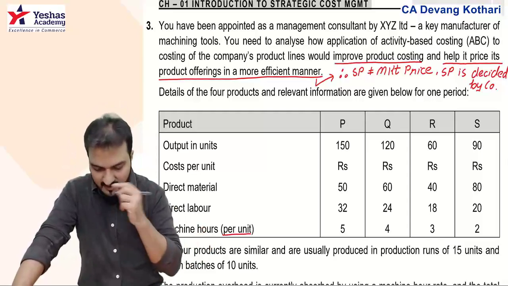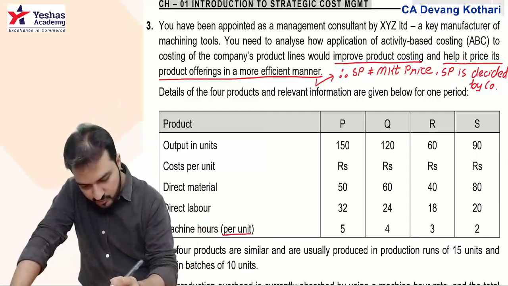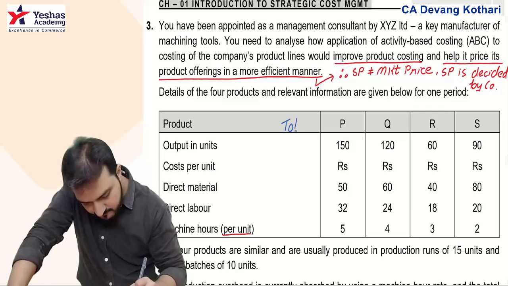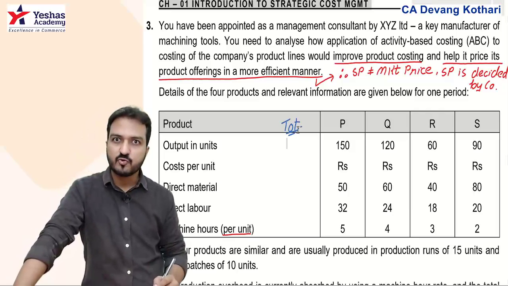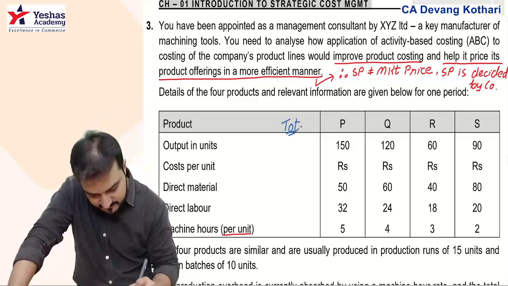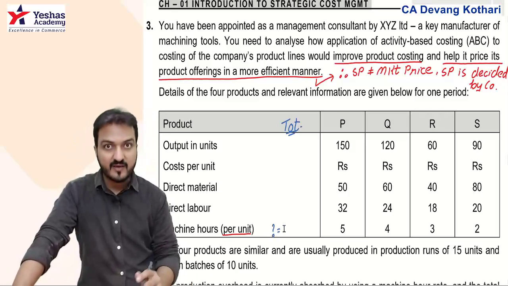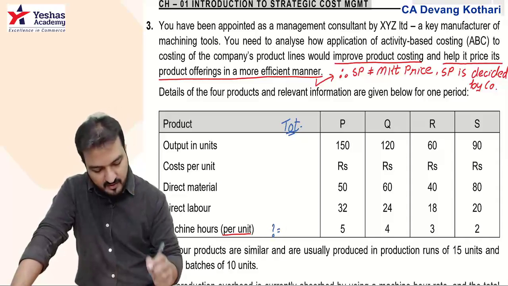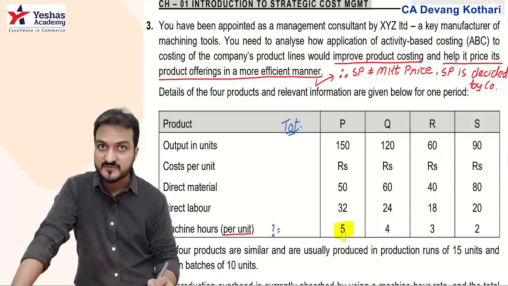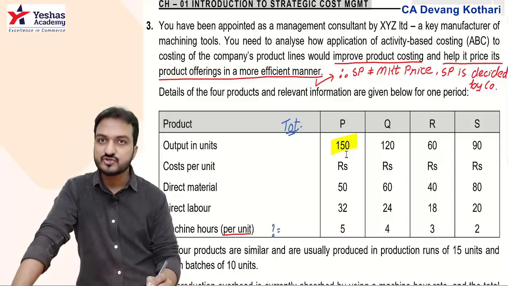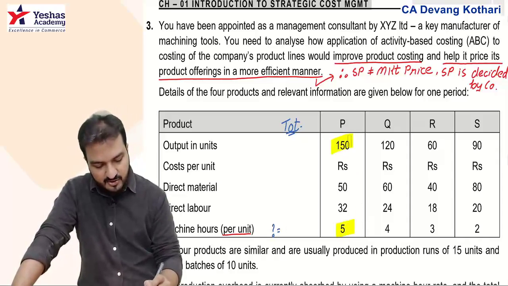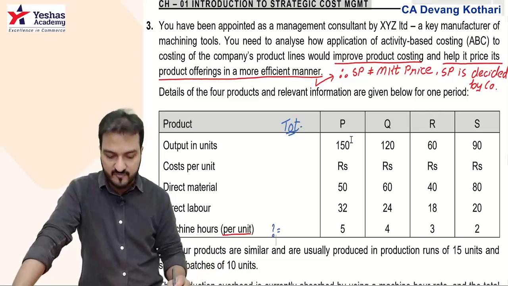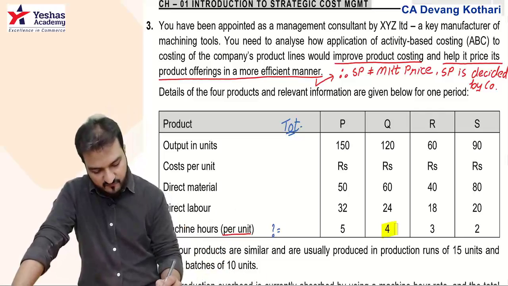orally. Then if you need, we'll make a working note here. To do that orally, I'll just put one extra column here to identify the total machine hours. How will I get it? Just like I explained you in my note number 2, for product P, 1 unit of P requires 5 machine hours. You are producing 150 such units of P. So 5 into 150, 750. 1 unit of Q requires 4 machine hours.